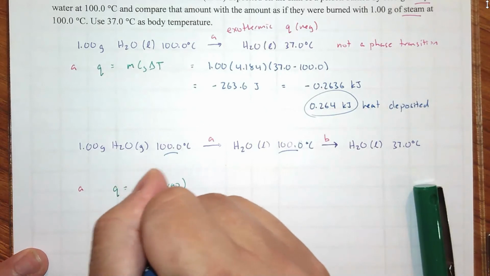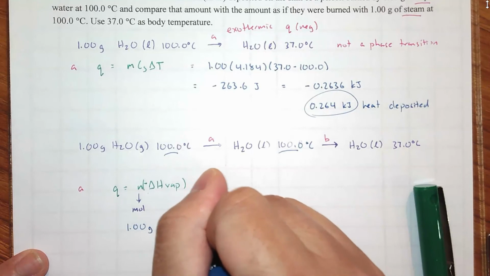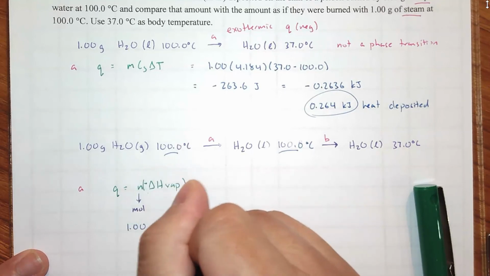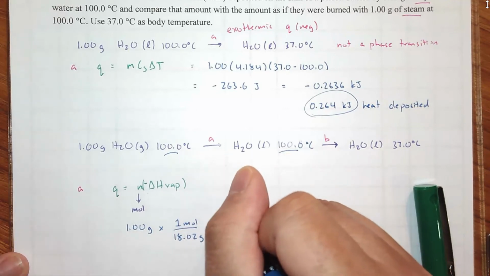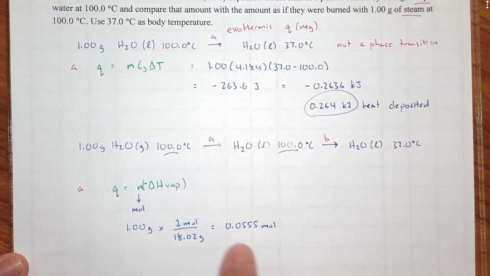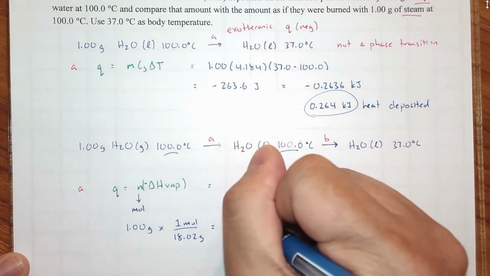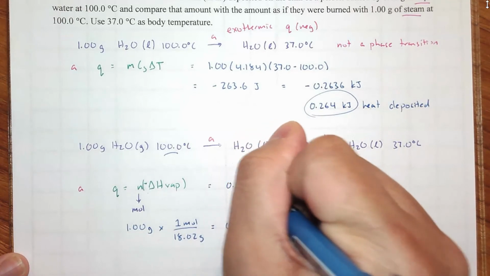So we're going to convert 1 gram of water times 1 mole over the molar mass of 18.02 grams equals 0.0555 moles. So that's the number we're going to use up here, 0.0555.